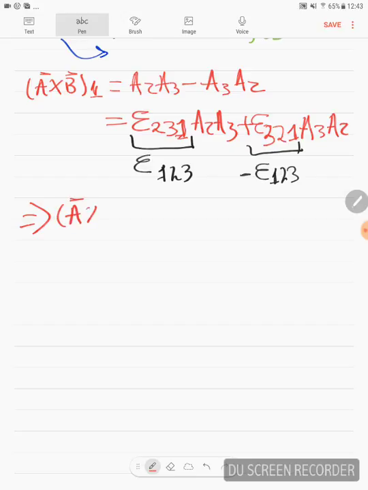the component 1 of the cross product A cross B, it can be written in the following way.